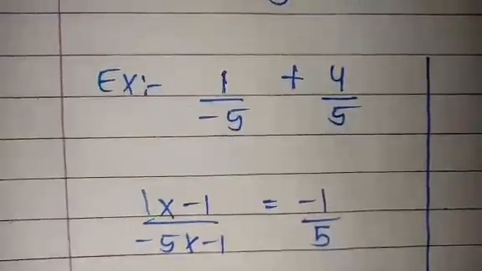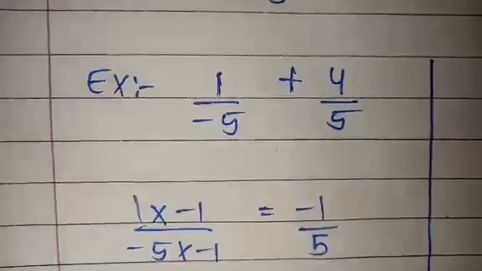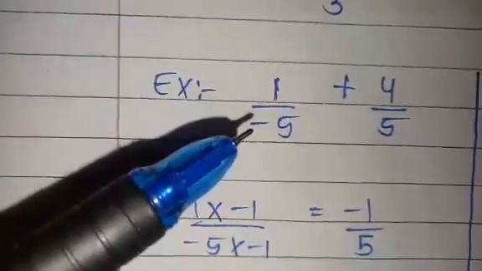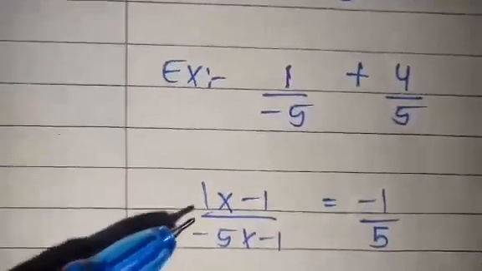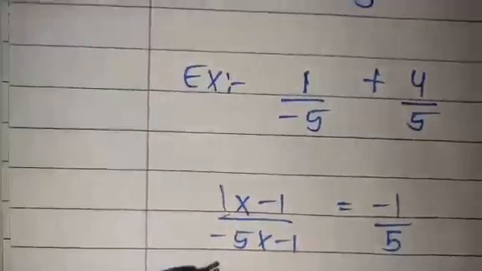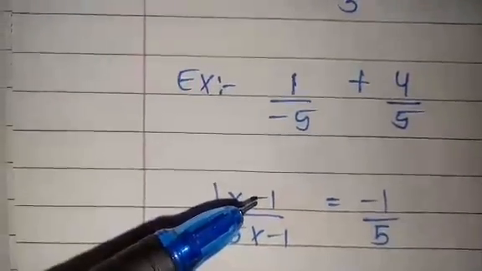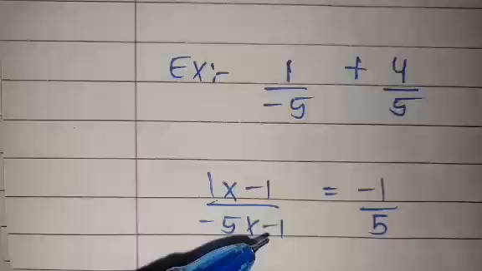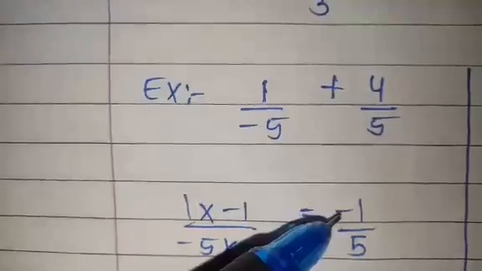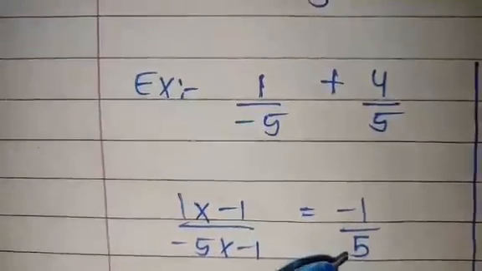Let us have a look at a case when our denominator is negative. Denominator should not be negative over here, so in order to make it positive, multiply both numerator and denominator, that is 1 and minus 5, by minus 1, that is 1 upon minus 5. Here it will be multiplied by minus 1 and also multiplied by minus 1, which means the numerator can be negative, it is allowed, that is minus 1 upon 5.